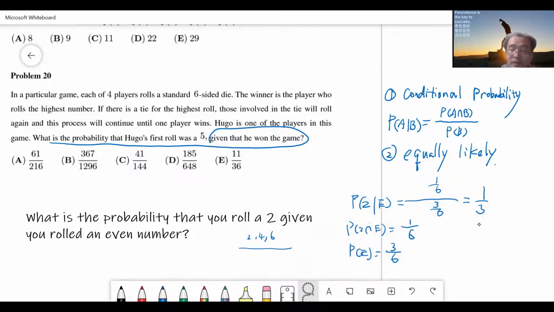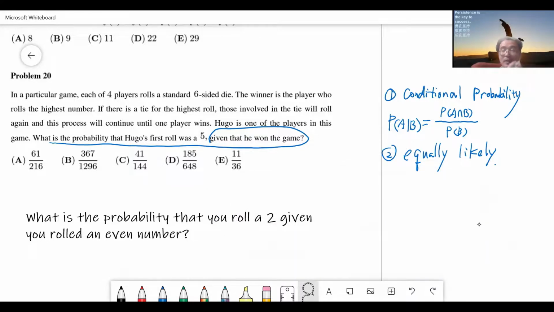Now we look at another concept called equally likely. Without restriction, look at this question. We have 4 people rolling, so each of the players is equally likely to win. Hugo is one of the players, and he wins 1 out of 4.